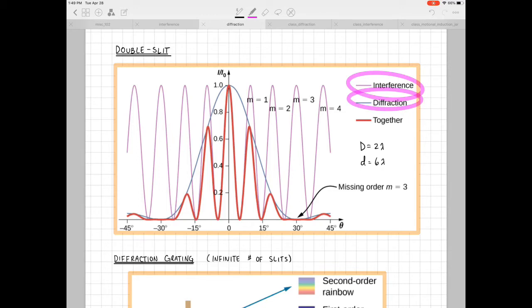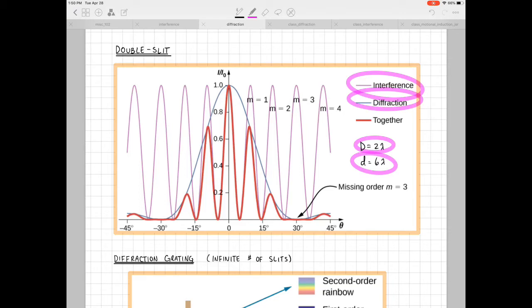For this particular figure, the slit width is twice the wavelength of light, and the separation of the slits is 6 times the wavelength of the light. When you combine both the interference and the diffraction pattern, you end up getting these alternating peaks and valleys, but those interference patterns are enclosed within that diffraction envelope.